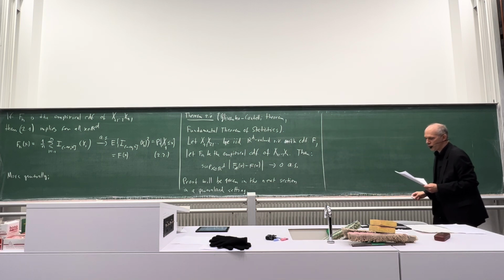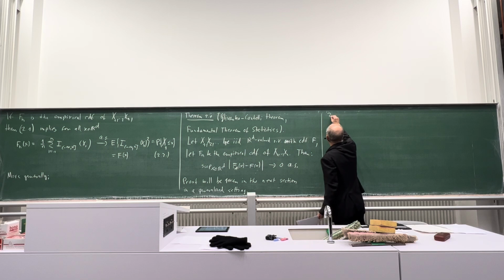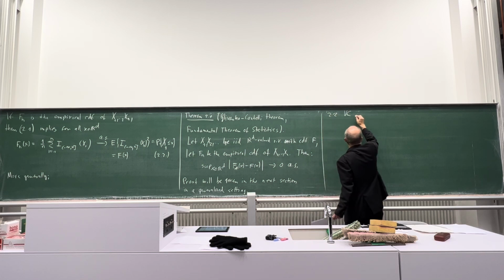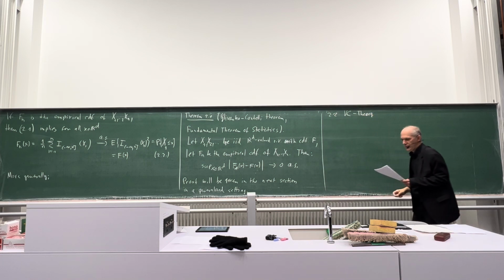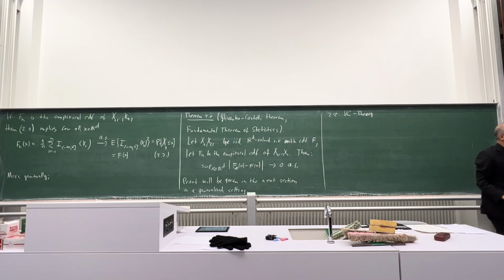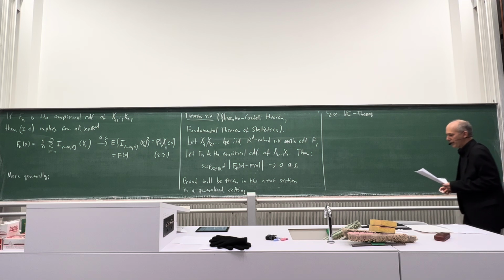That's section 2.2, VC theory. And VC is the abbreviation for two Russian mathematicians, Vapnik and Chervonenkis.